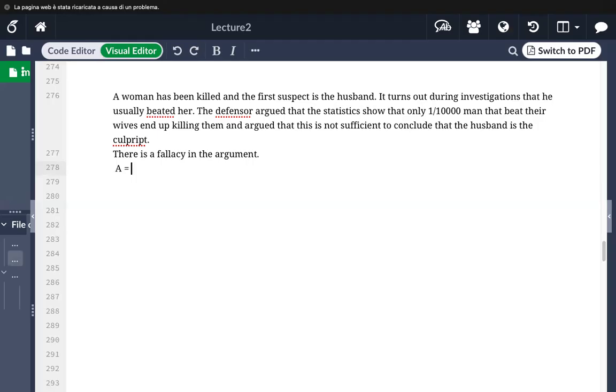A is the event that the husband killed his wife, the woman, and B is the event that the husband beat his wife.